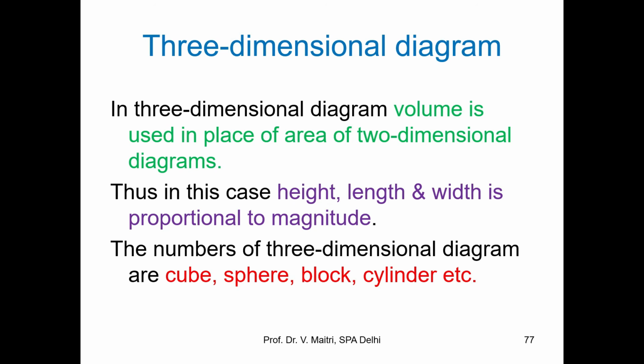In this case, height, length and width are proportional to the magnitude, to the frequency. So here we are talking of types of diagram: cube, sphere, block or cylinder. Block we use less, but cube, sphere, block or cylinder, any one of them can be used.